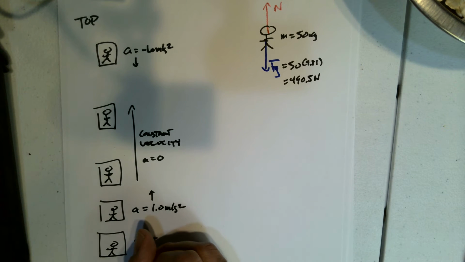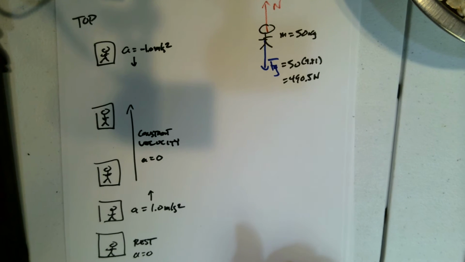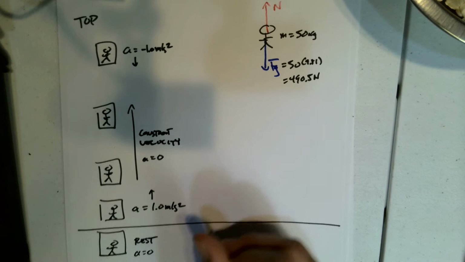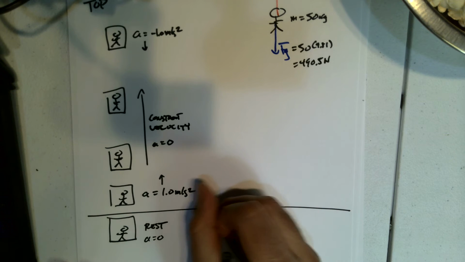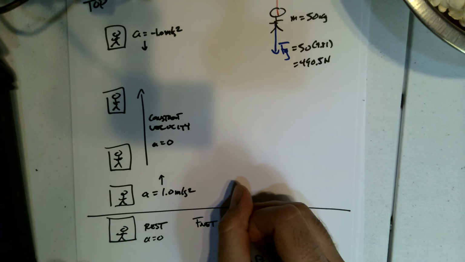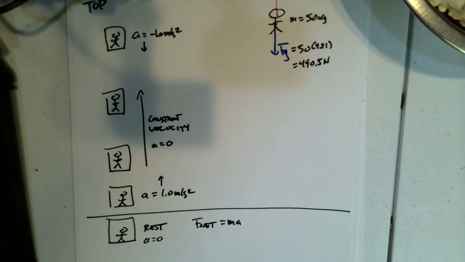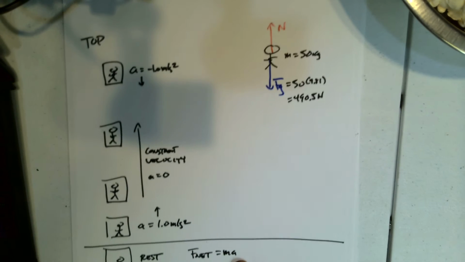So when we're sitting here at rest, we know our acceleration is 0. If we apply the second law for this part of the scenario, let's say that the net force is equal to ma. And what we'll do again is represent these two forces in this expression.